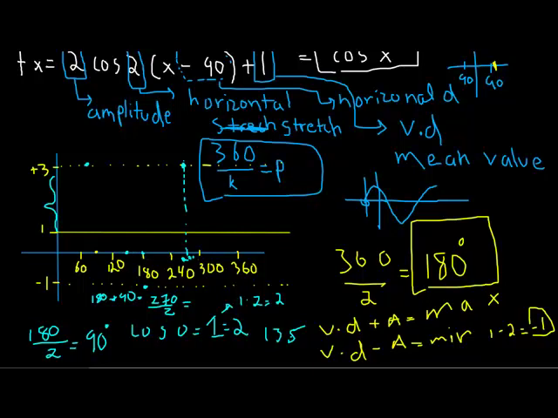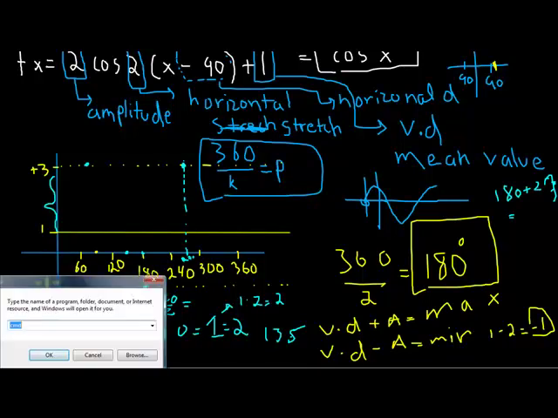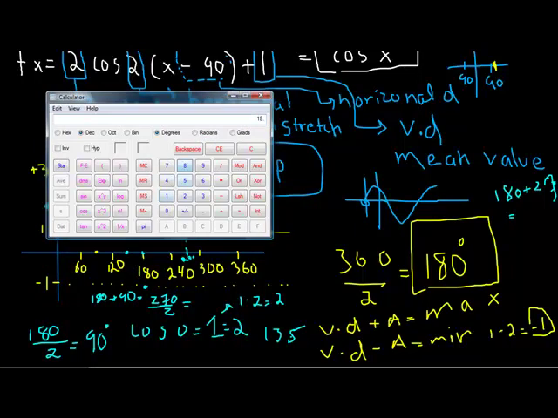So what's 180 plus 270? 180 plus 270 equals 450, right?